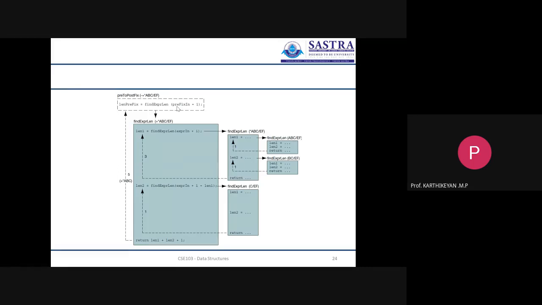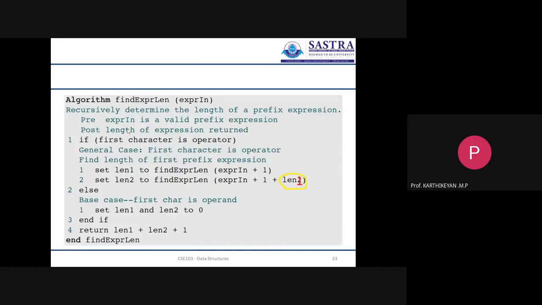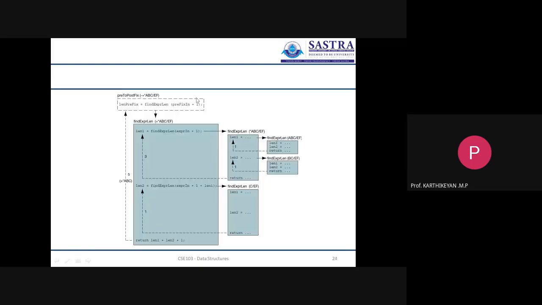So this is the objective. It goes to this find expression length algorithm, and except the first character, the rest of the values are passed to this algorithm.